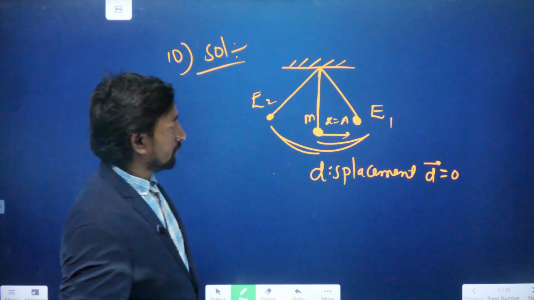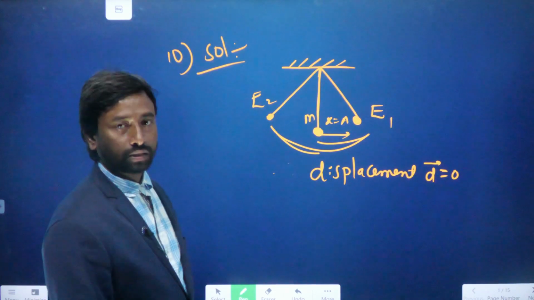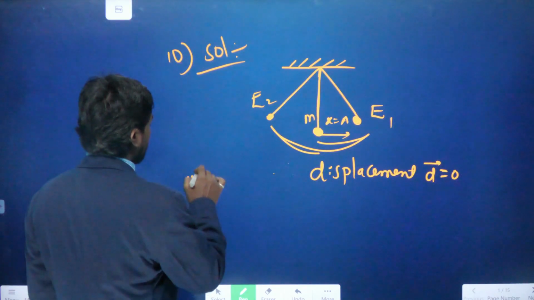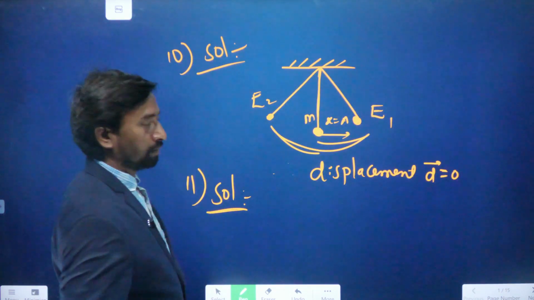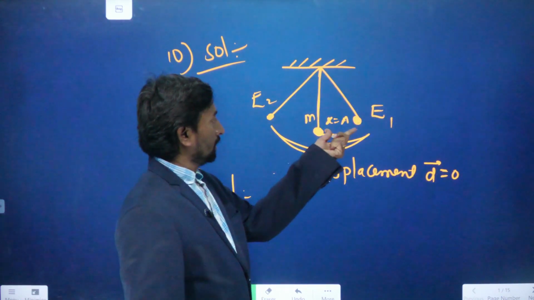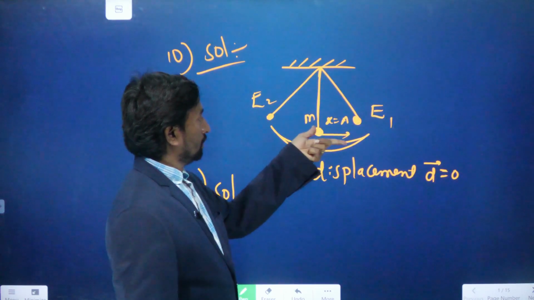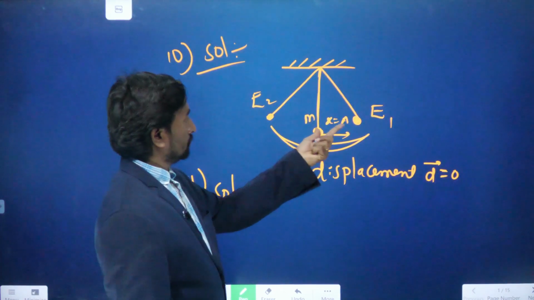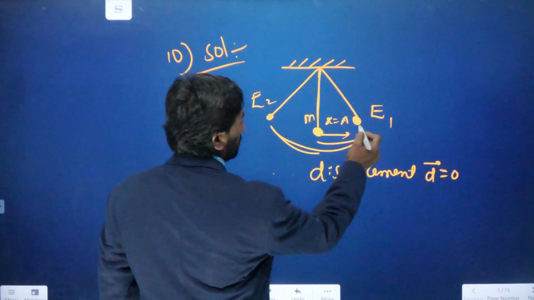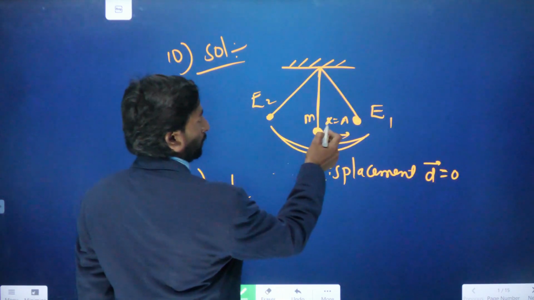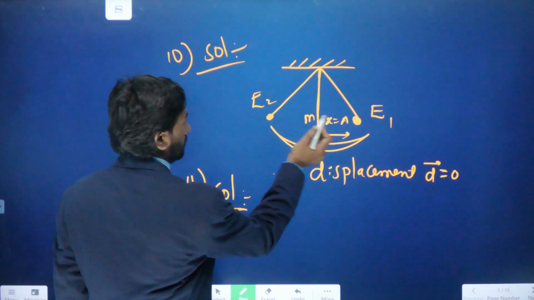Okay, but here the distance will be there. In the next question, the 11th question, they ask the distance. Distance we can write as the total length of the path. That is A, then 2A, and A. Towards the first extreme position, maximum displacement is A, and again it comes to the next extreme position, that is A plus A, 2A.